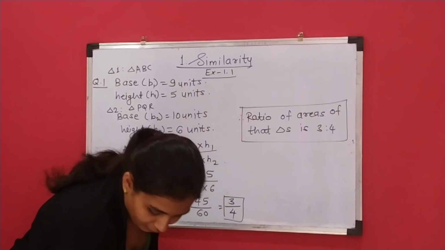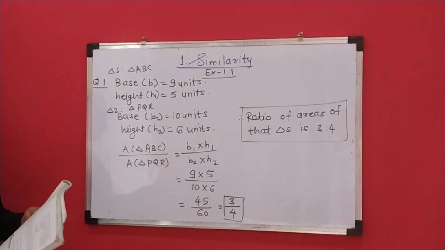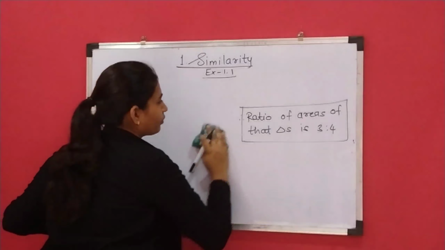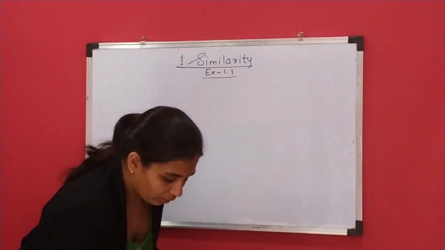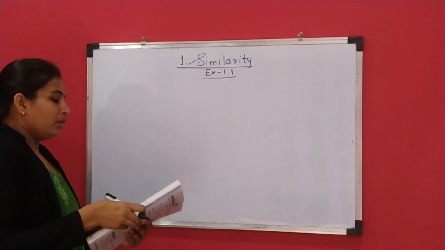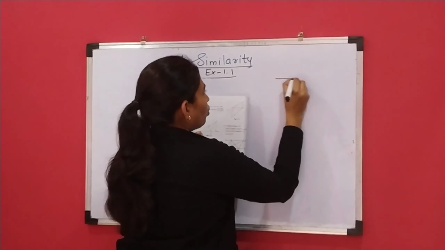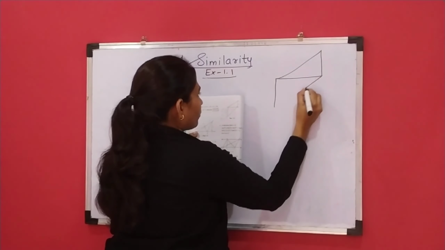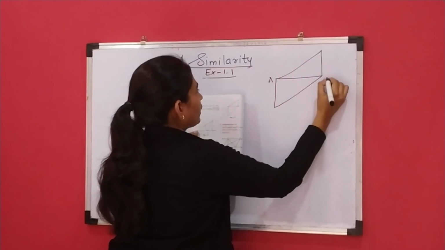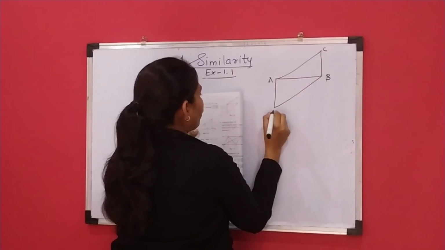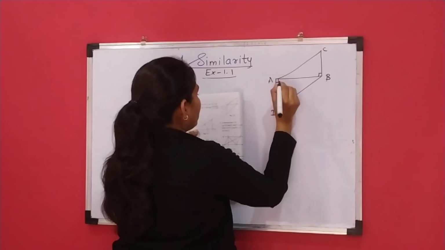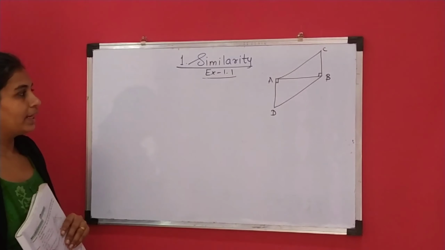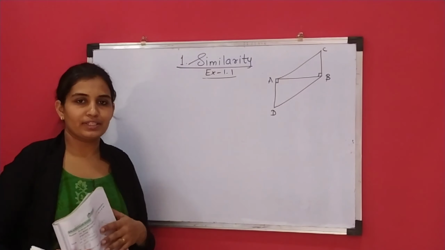Now students, we will take question number 2 of exercise 1.1. In question 2, again we have given two triangles, and this question is very important for your board examination. If you observe the figure, we can say that two right angle triangles are given.